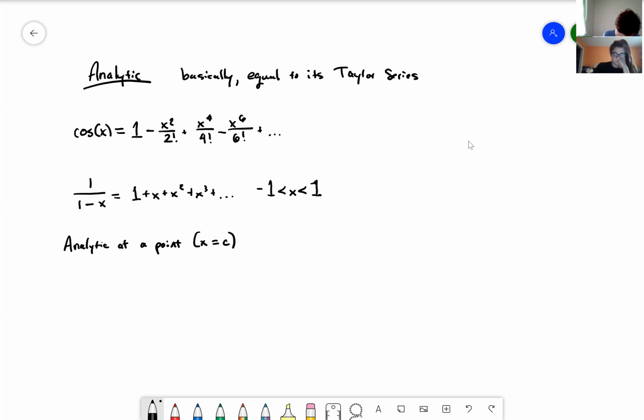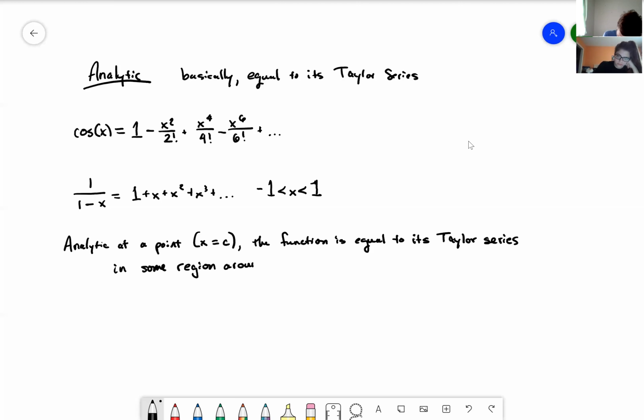And what this means is the function is equal to its Taylor series in some region around the point c.